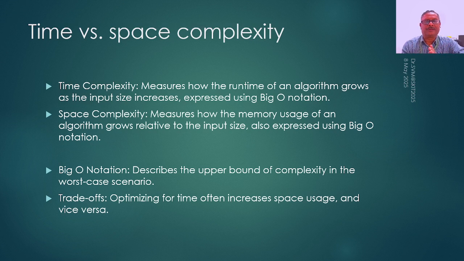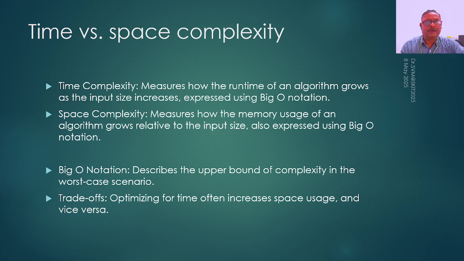So some data structures will improve the time complexity. Some data structures will help in reducing the space complexity, but not all. So there is a trade-off between them. So we need to identify the best possible data structure that somehow balances both of them, doesn't allow anyone to go to the extreme.